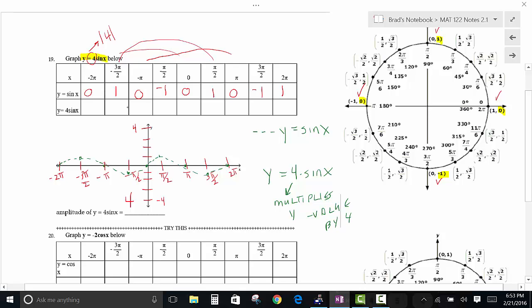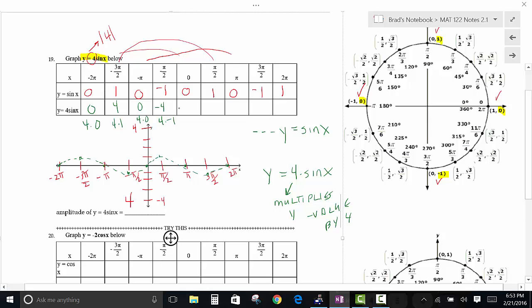Okay, so we're going to just start here, and we can do this in our head. There's nothing to this. So if we take the y value, multiply it by 4, we're still going to get 0 there. Go to the next thing in your table. Take 4 times 1. That's 4. And so forth. 4 times 0 is 0. 4 times -1 is -4. Okay, like that. All right, so what we have is that.